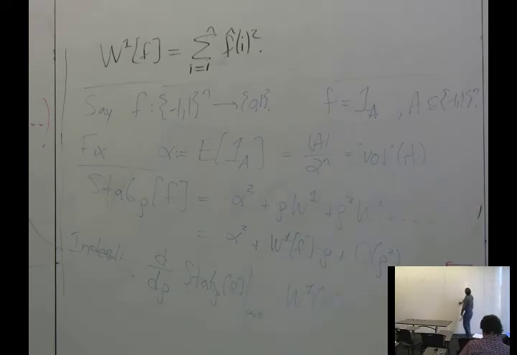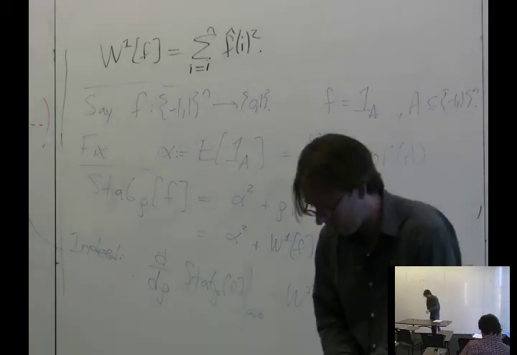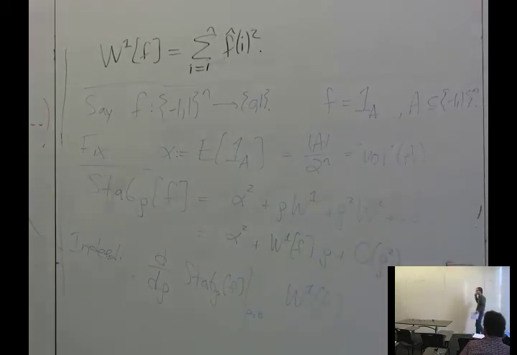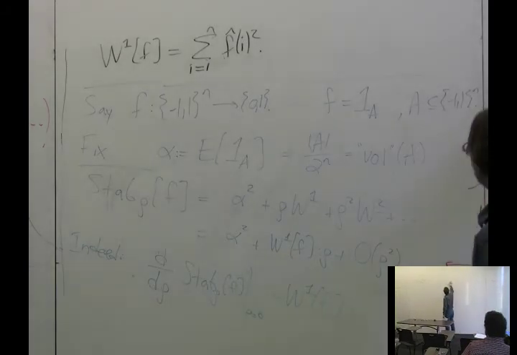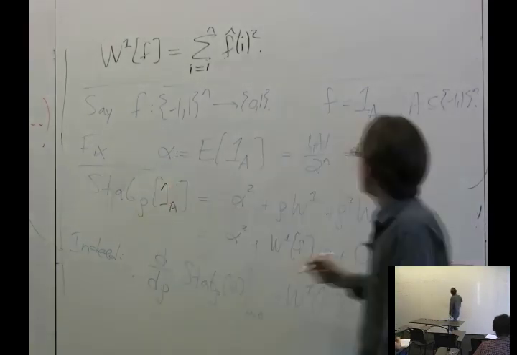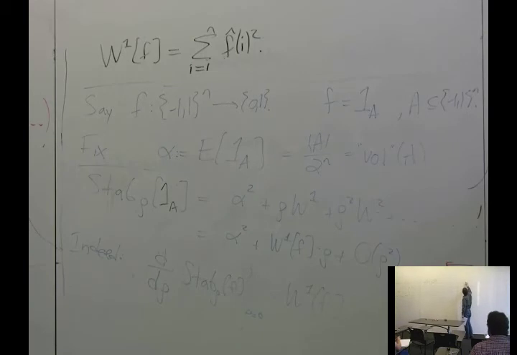And forgetting about rho being small for a second, this question about maximizing the noise stability or looking at the noise stability of sets of fixed volume is kind of interesting. It's like an isoperimetric question. So let's see why that's the case. This noise stability at rho of, let's say, the indicator of A, well, by definition, it's equal to the expected value over x and y rho-correlated strings of 1_A of x times 1_A of y.